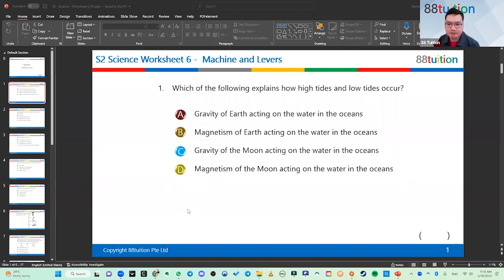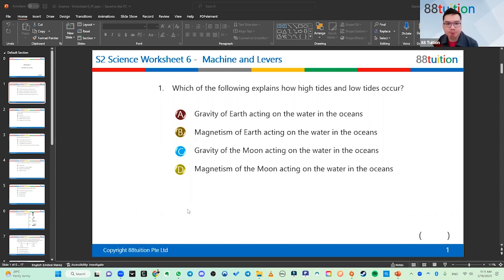Ezekiel? Ezekiel, are you there? Gravity of the moon acting on the water and the oceans. Okay, last one, D. Magnetism of the moon acting on the water in the ocean. So we have A, B, C, and D.